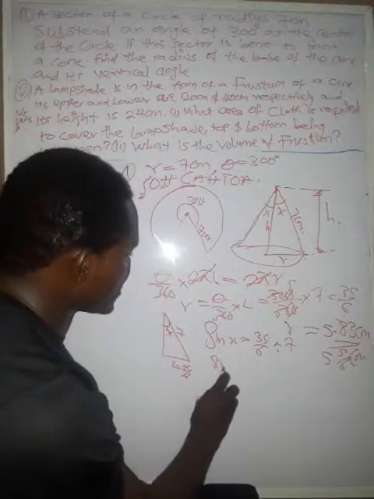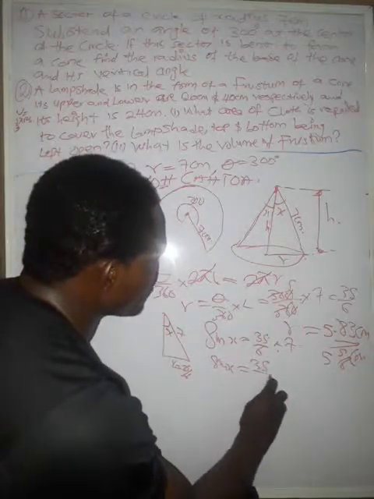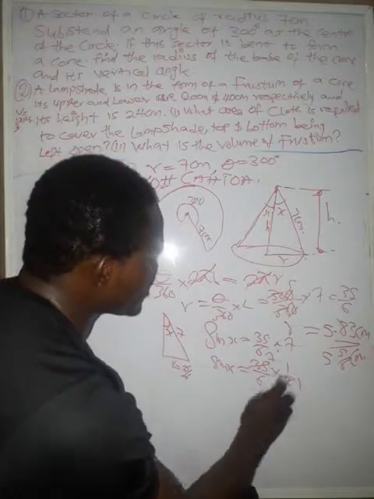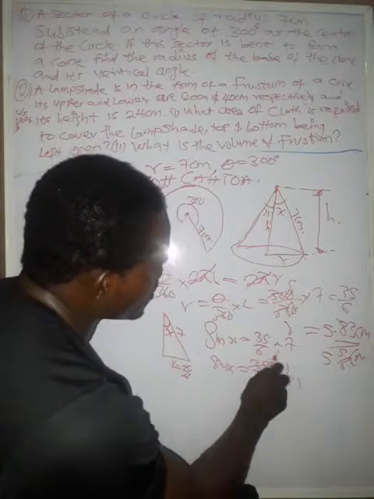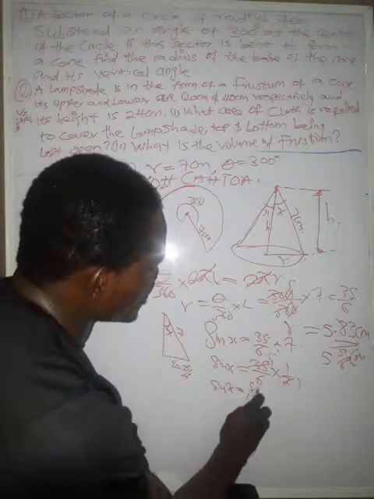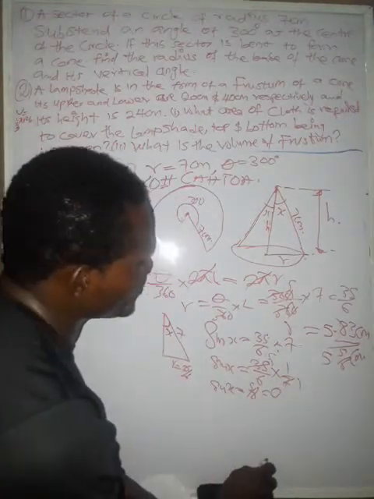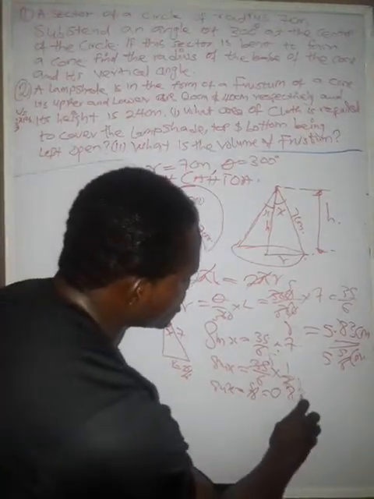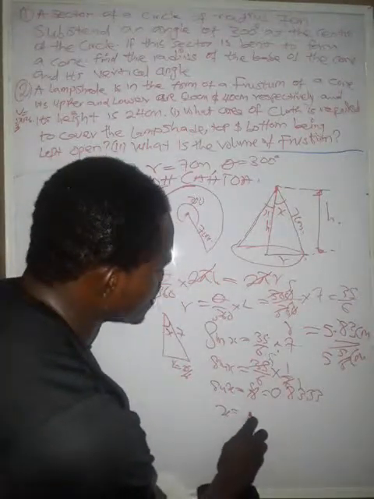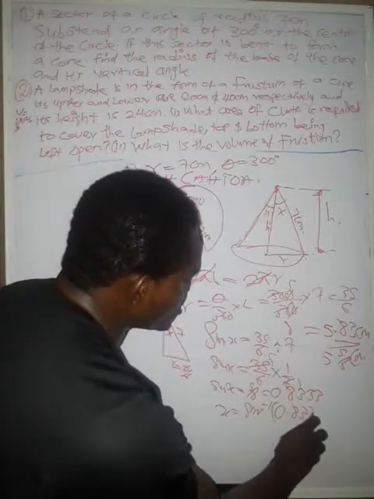Which means sine x becomes 35 over 6 times 1 over 7. 7 here 1, 7 here 5. So sine x will become 5 over 6, which is equal to 0.8333. So x will become arcsine 0.8333.